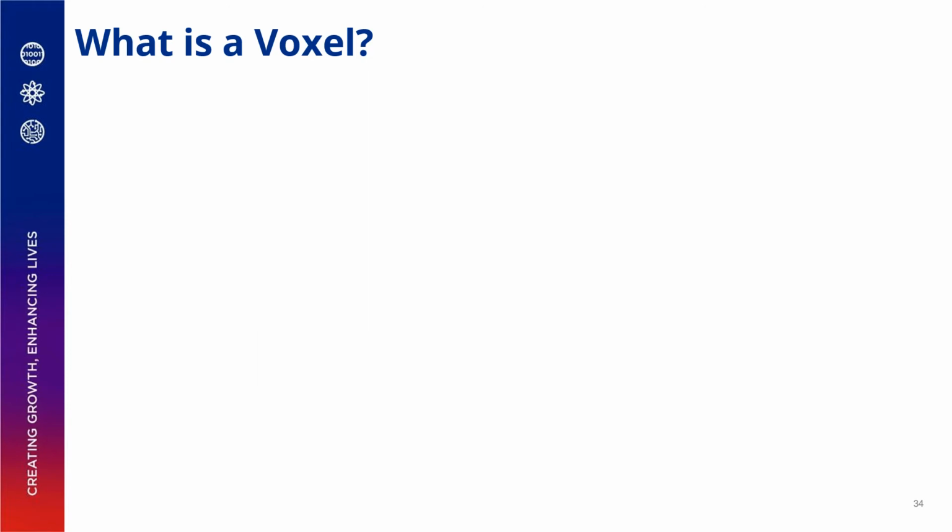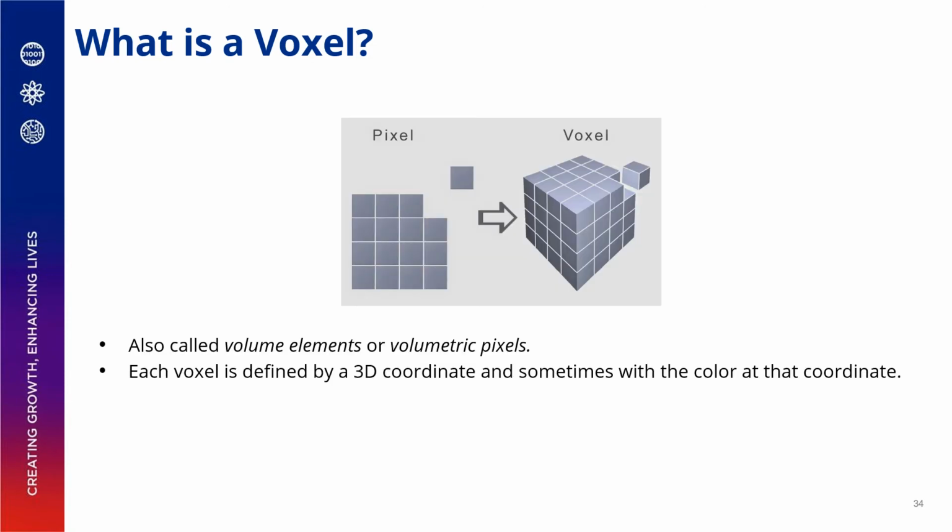So now let's talk about voxels. Essentially, voxels stand for volumetric pixels or volume elements. In 2D, you basically have pixels, right? So you have an image and it's divided into a uniform grid, and each of these 2D regions basically contains intensity information. Could be either grayscale information or RGB, like three color channel information.